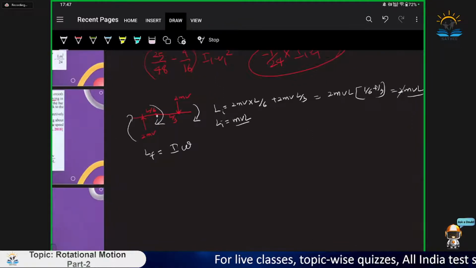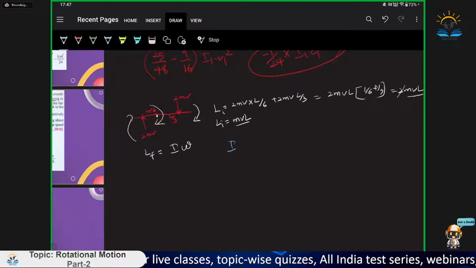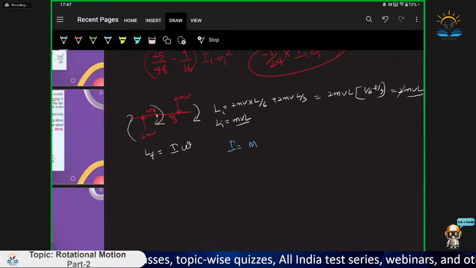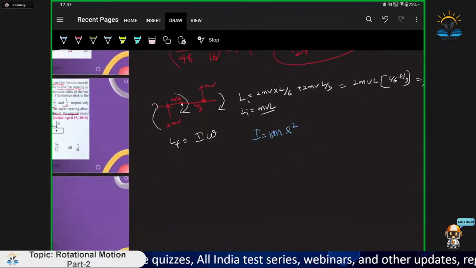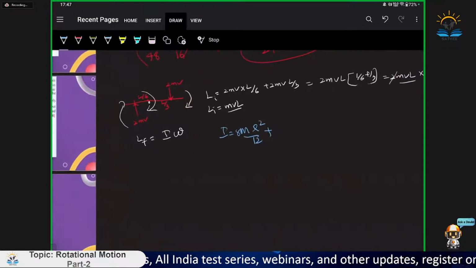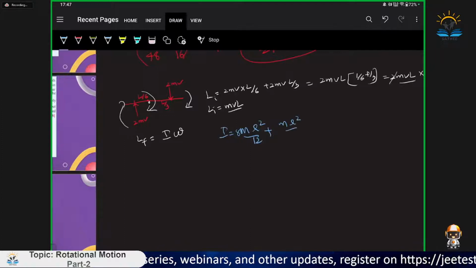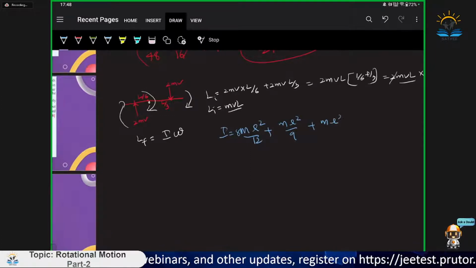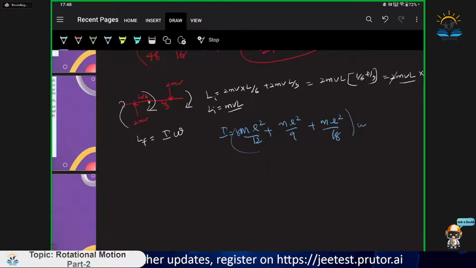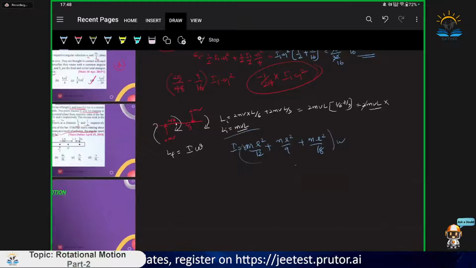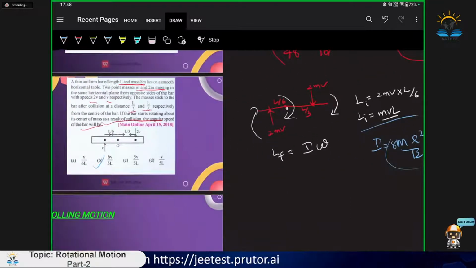So we have to find the moment of inertia I. Moment of inertia I will be ml² by 12, so with mass 8m, 8ml²/12, plus the contribution of these masses, ml²/9 plus ml²/... It's simple only. We get omega, then equate with the initial angular momentum. Simple question only. We'll get option B as the right answer. Time permitting, I will come back to this question.